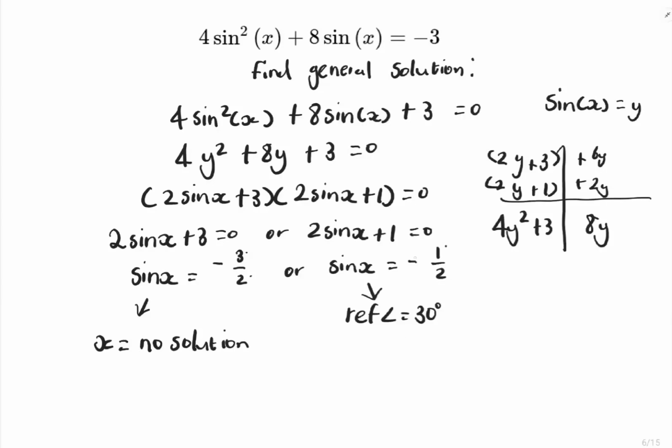For the reference angle, you just shift sine of a half. You ignore the sign, right? And then afterwards, CAST diagram: in which quadrant is sine going to be negative? Now we look at the whole thing, including the negative now. In which quadrant is sine going to be negative half?